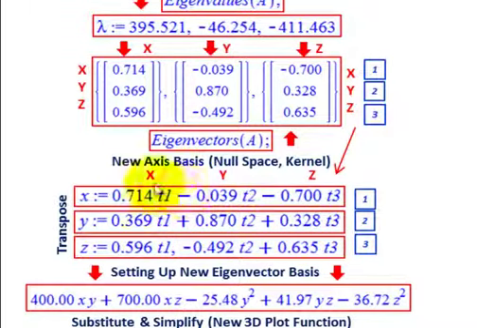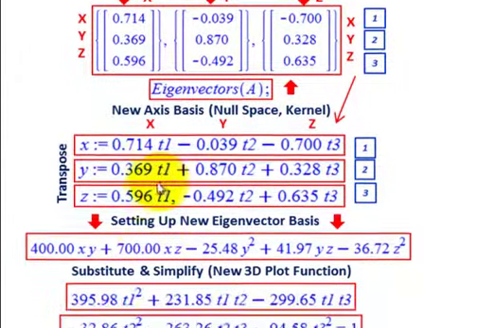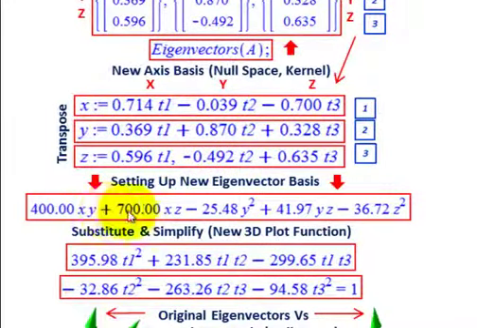Okay, so we've got our new axis or basis, or they might refer to it as a null space here or a kernel here. Okay, so what you're going to do here, you take that equation that we have calculated previously here based on that. We set up our matrix here and we have that original equation here, quadratic equation that we converted here from our matrix.